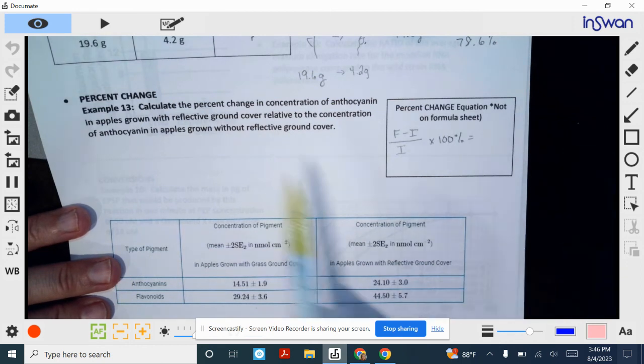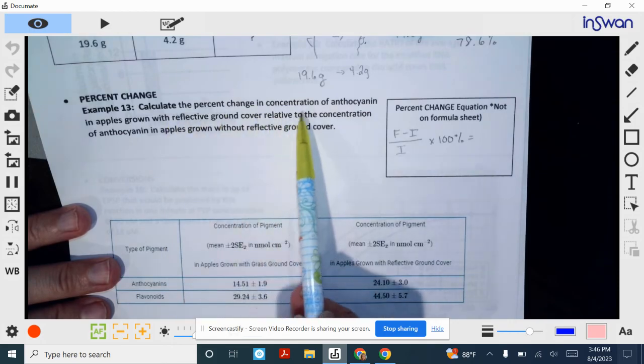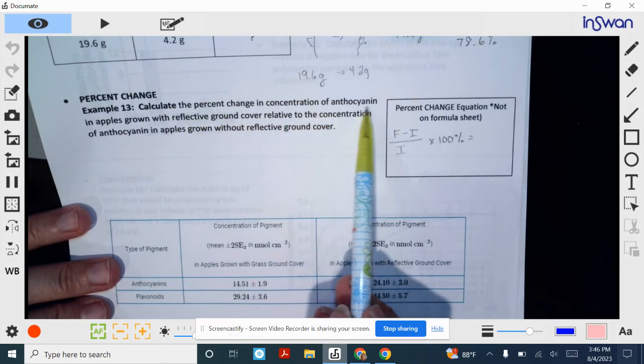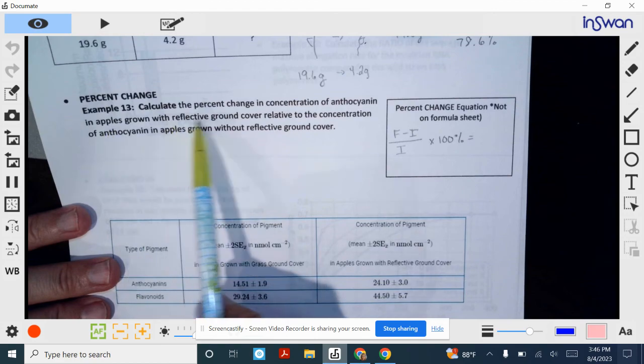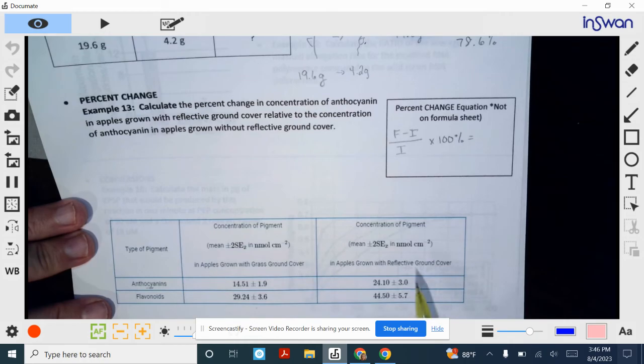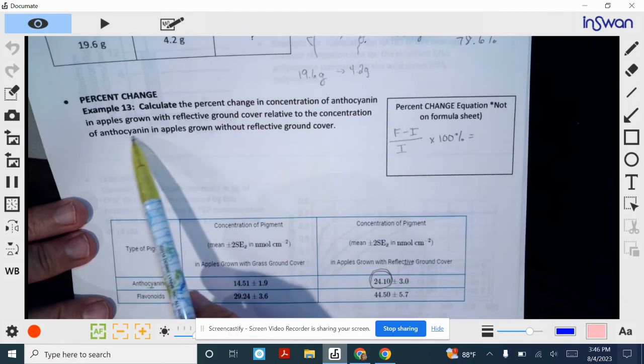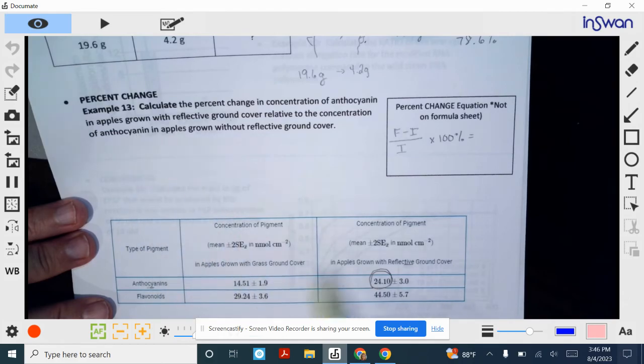Okay, so we got to read carefully. It says, calculate the percent change in concentration of anthocyanin in apples grown with reflective cover. So let's go right here. Here's anthocyanin. Here's reflective ground cover. Here is a number right here. Relative to the concentration of anthocyanin in apples grown without, it's this number right here.